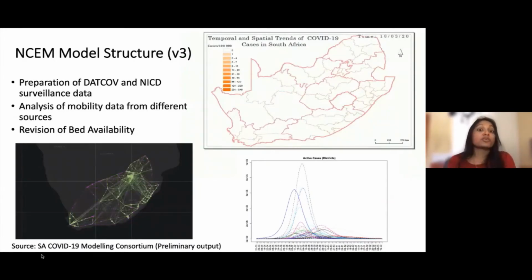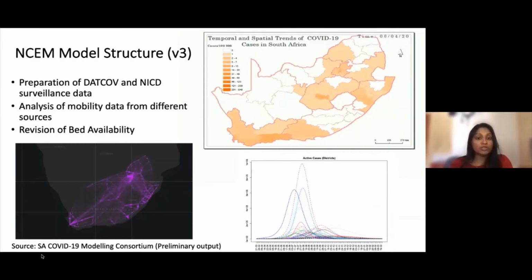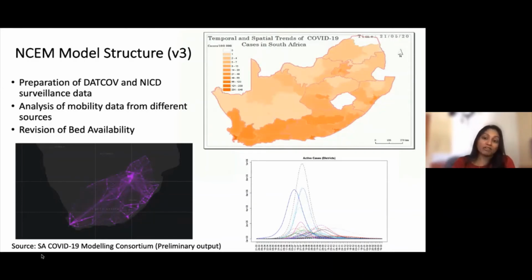And so version 3 of our model came to the fore. And as we moved into a finer granularity, we needed a more granular set of data. We had to get granular data on cases, but also connectivity between districts.